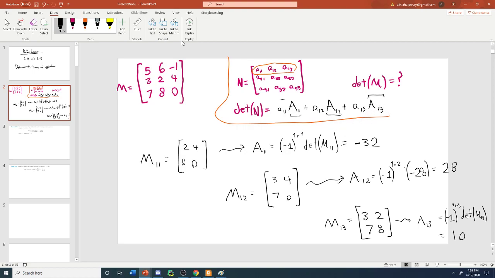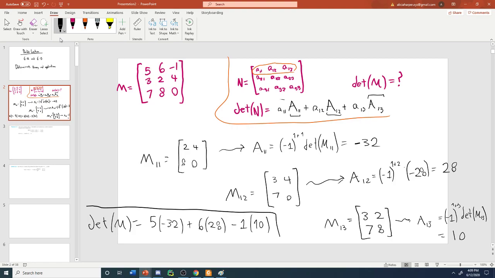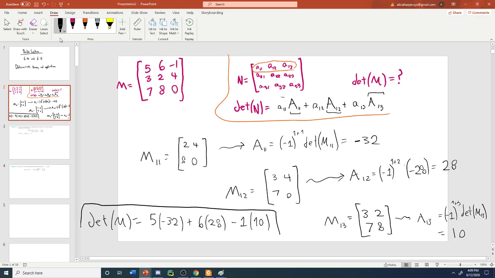So the determinant of M is thus going to be equal to 5 times A11, so 5 times -32, plus 6 times 28, and then minus 1 times 10. And if you wish, you can simplify this, but this is a good enough answer for me. And that's the determinant.